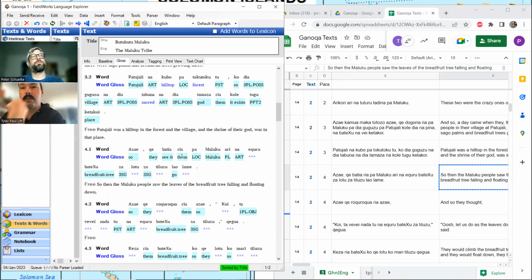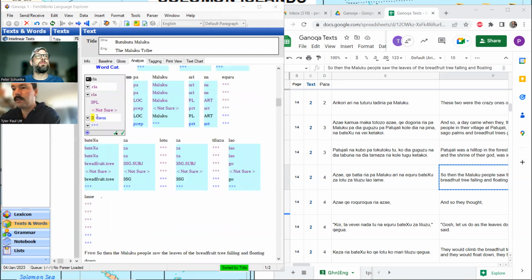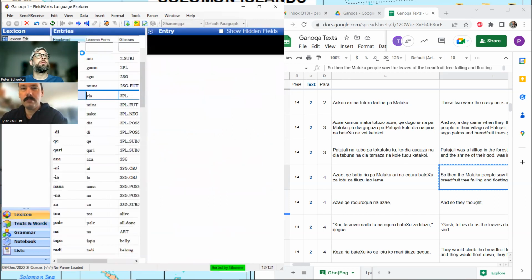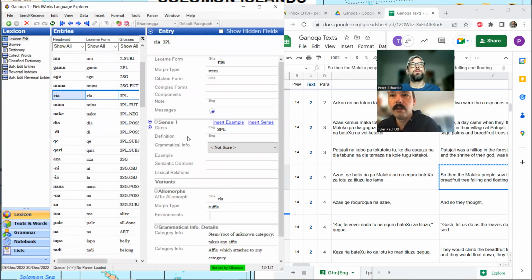So it might be time for a new sense. This is a nice feature of Flex. You don't have to just give your word a single meaning. That would be a little unrealistic. That's not how languages work. A single form, a word form, or stem or whatever, can have many different senses.